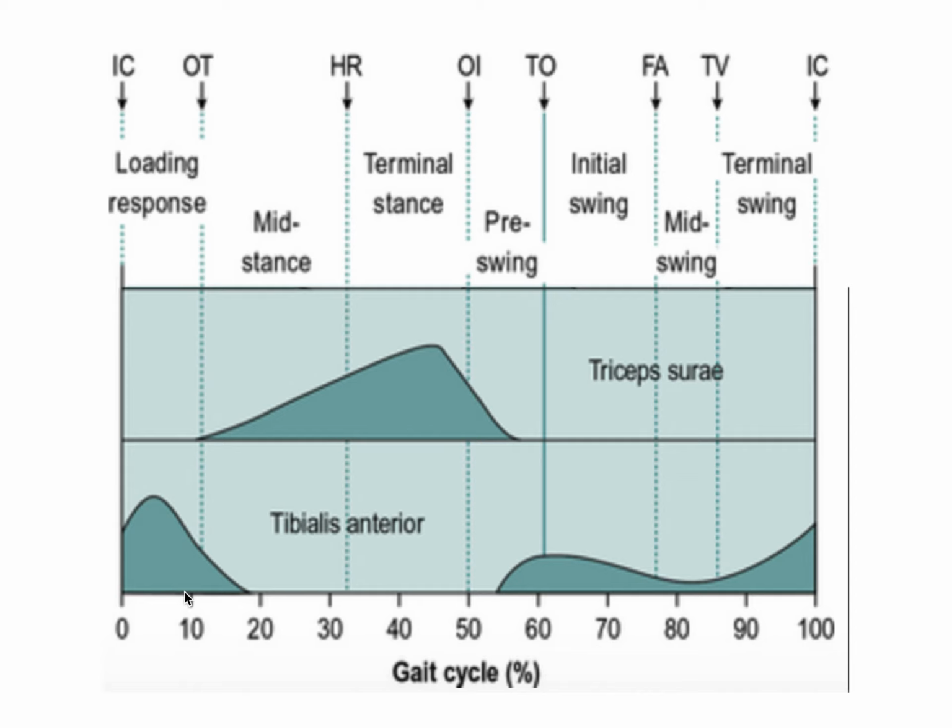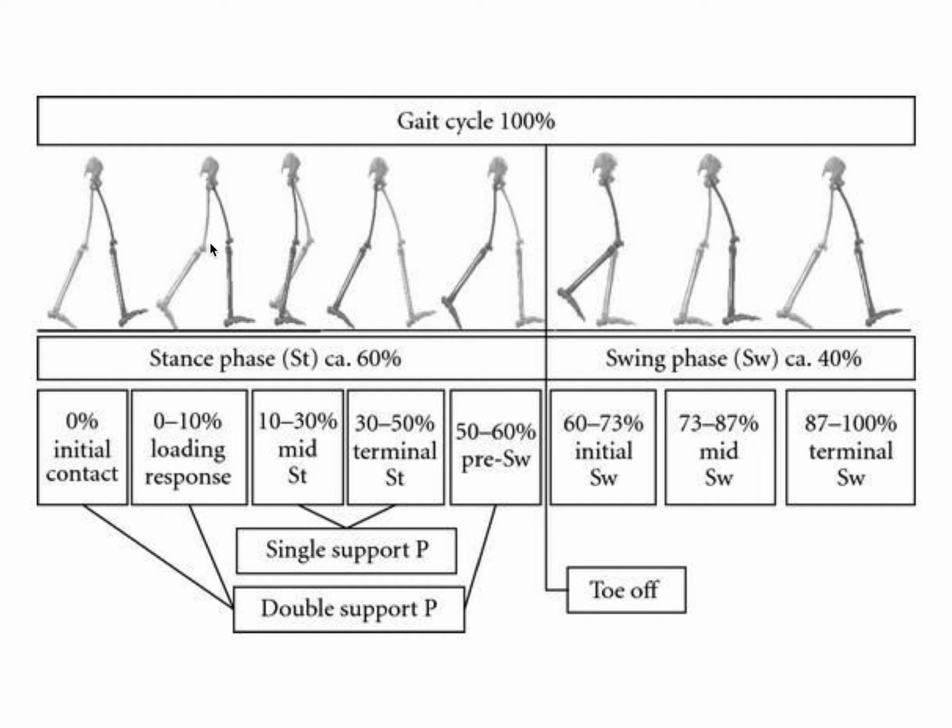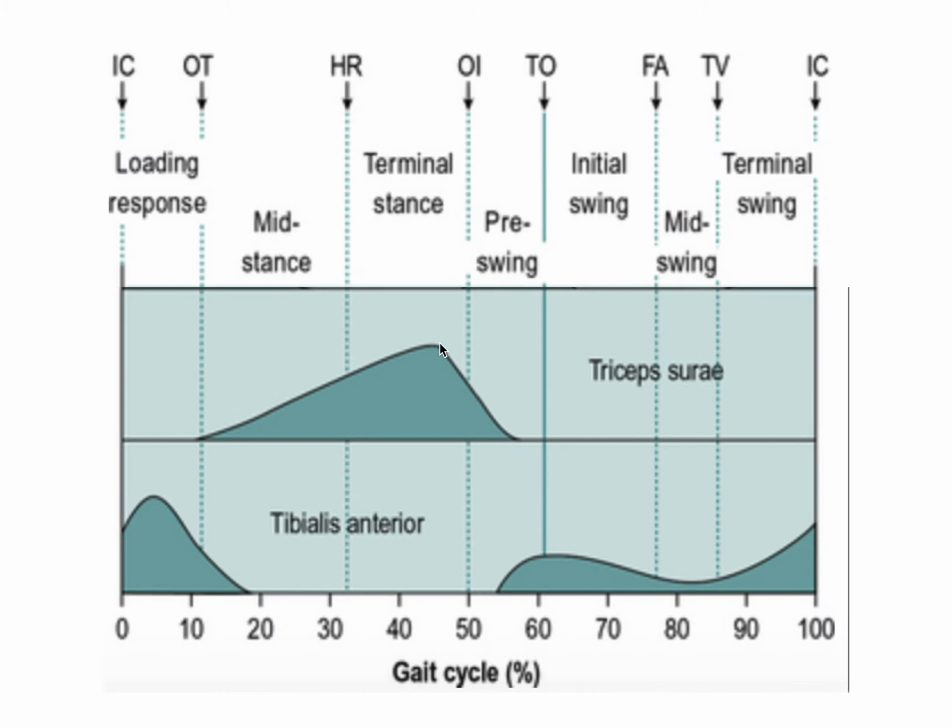Think about it and we'll talk about it later. And then during most of the stance phase, gastrocnemius is activated. That makes sense, right? The gastrocnemius, the calf muscle, should support the body weight and also propel yourself forward. So that's your calf muscle activating during most of the stance phase, except for the loading response.